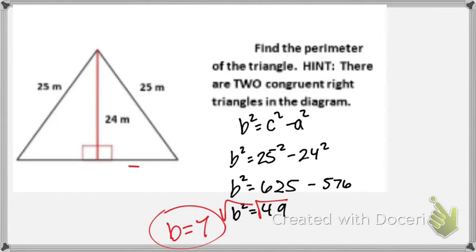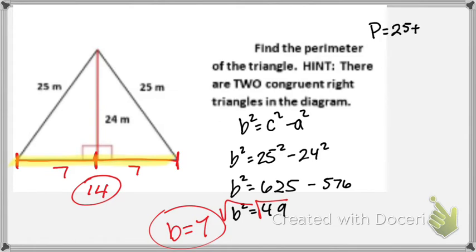We know this part is 7. We know this part is 7. 7 plus 7 is 14. So the entire thing is 14. Let's go ahead and find the perimeter. The perimeter is going to be 25 plus 25 plus 14, which is going to be these right here.